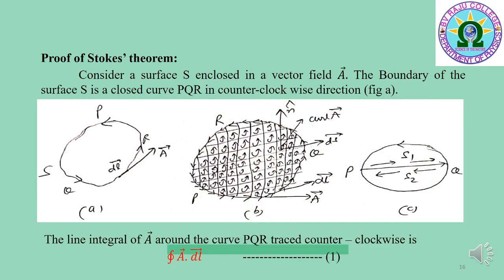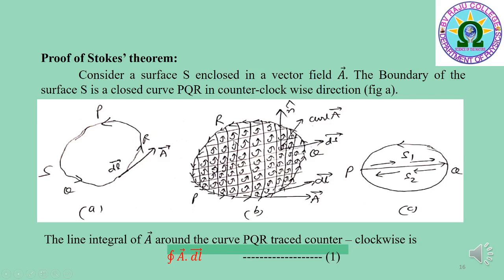Now, proof of Stokes theorem. Consider a surface S enclosed in a vector field A bar. The boundary of the surface S is a closed curve PQR in counterclockwise direction as shown in figure A. That is, figure A shows a closed surface S having a closed boundary PQR in anti-clockwise direction.